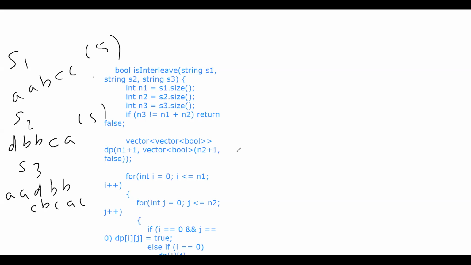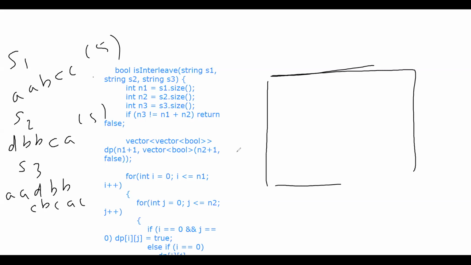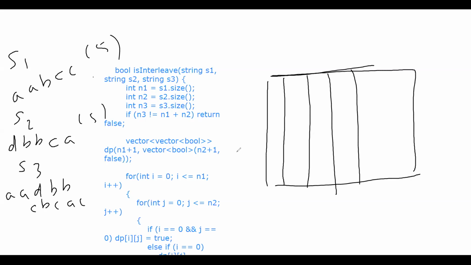Okay. So the table I was constructing was about 6 rows and 6 columns, right? 1, 2, 3, 4, 5, 6. If I take S1 here in the rows, S2 over here. So this is my extra row, I just ignore that.